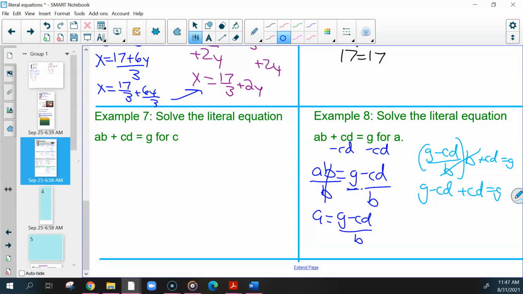The CDs would cancel, leaving just G plus 0. That would work.